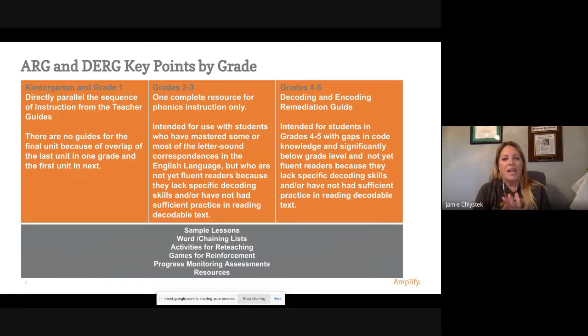For grades 2 and 3, the assessment and remediation guide is a combination. So it's all the units in second grade and all the units in third grade, in one guide. So it's a lot more comprehensive. The reasoning for that, and I think we talked about this last time, is that we're getting closer to students having that explicit instruction from K and 1, and by the end of second grade being explicitly and systematically taught all code, basic and advanced.